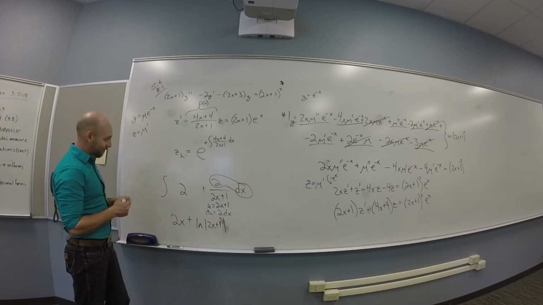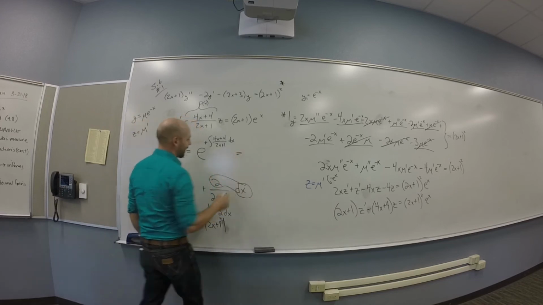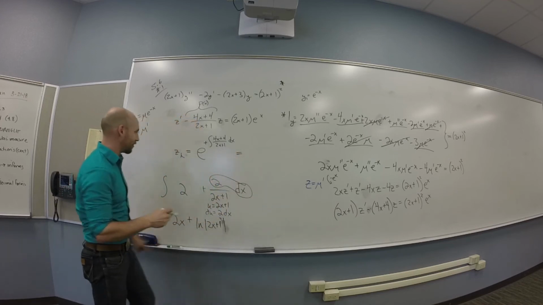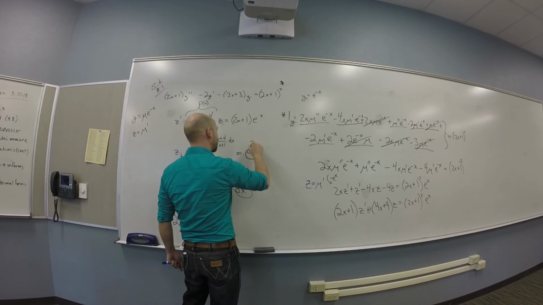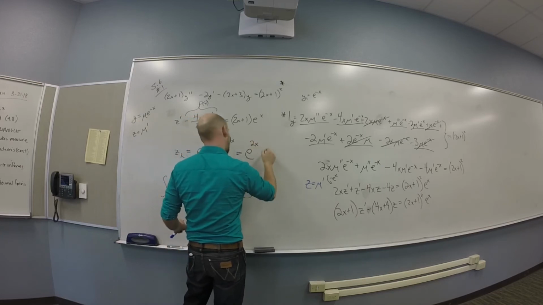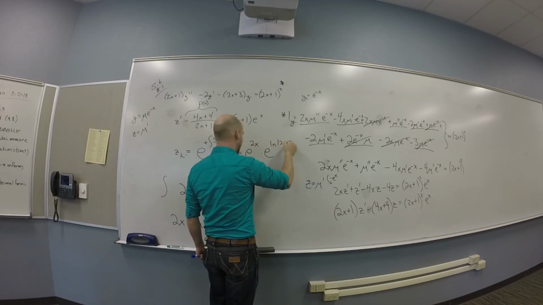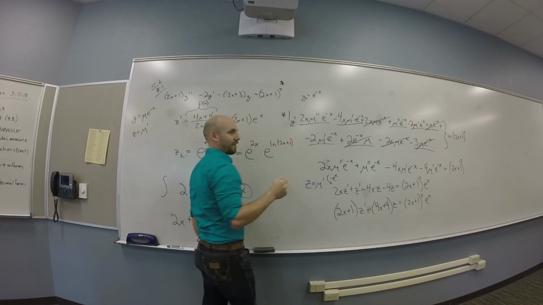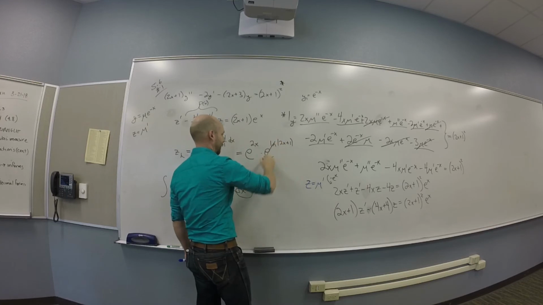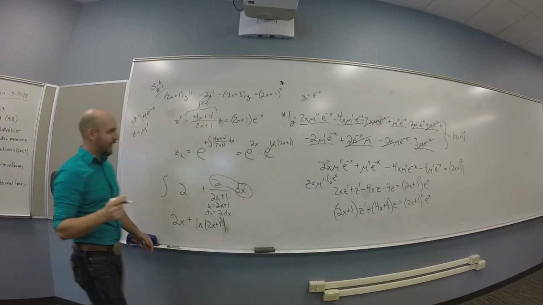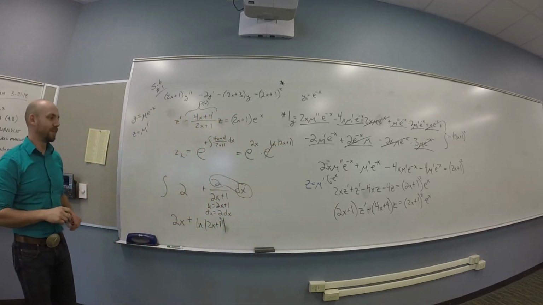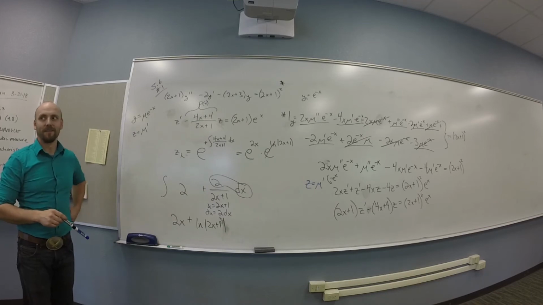Okay, so I think I got here that my homogeneous solution was e to the 2x times e to the natural log of the absolute value of 2x plus 1. That'd be the absolute value of 2x plus 1 times e to the 2x, right?